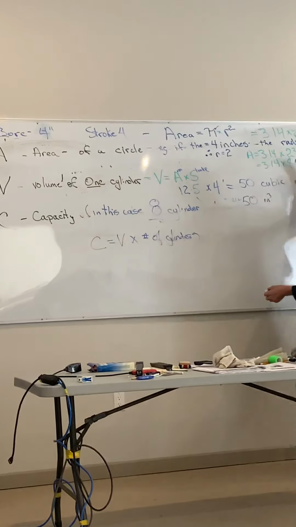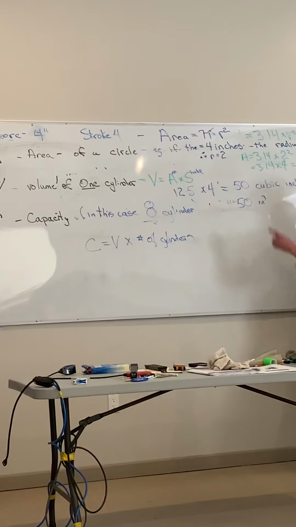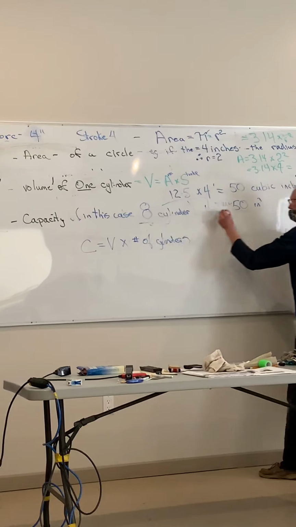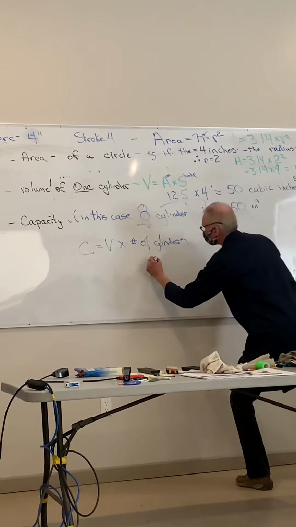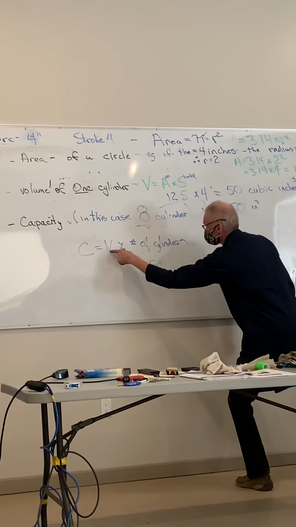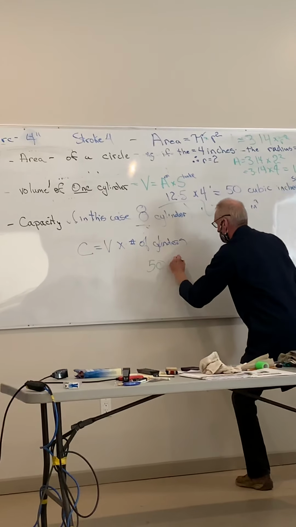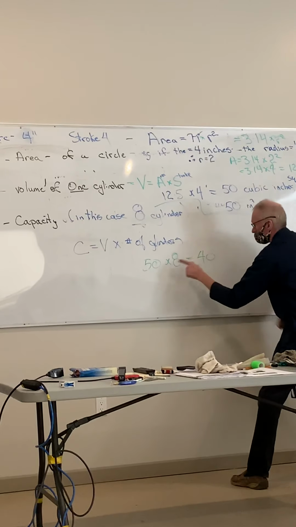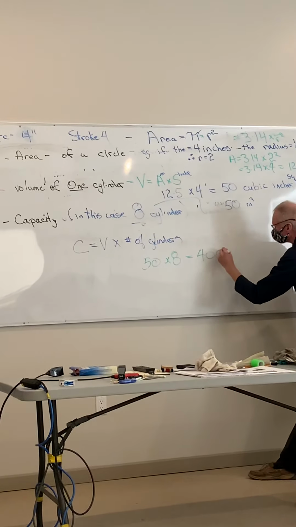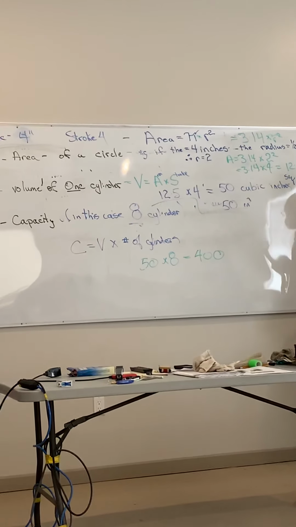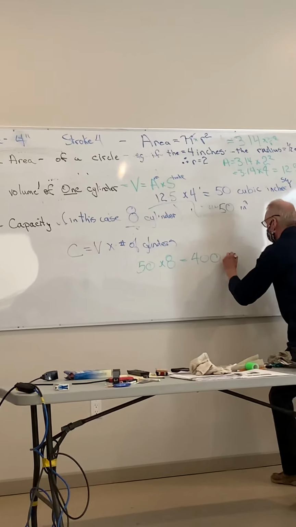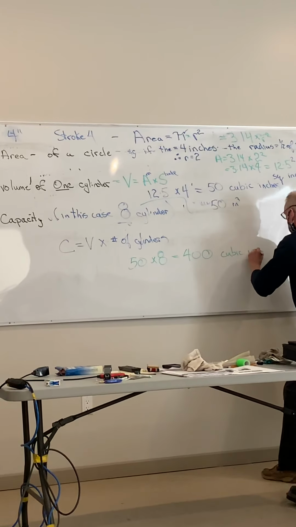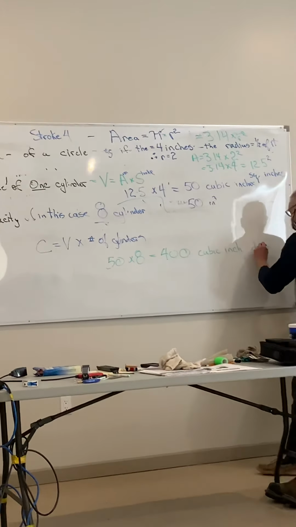So we bring back, in this case we brought this number down to here. In this case we're going to take this number down to here. 50. That's the volume, times 8, and I dare say 5 times 4 is 40, and because we have a 0 here, we add another 0 there, 400 cubic inch displacement.